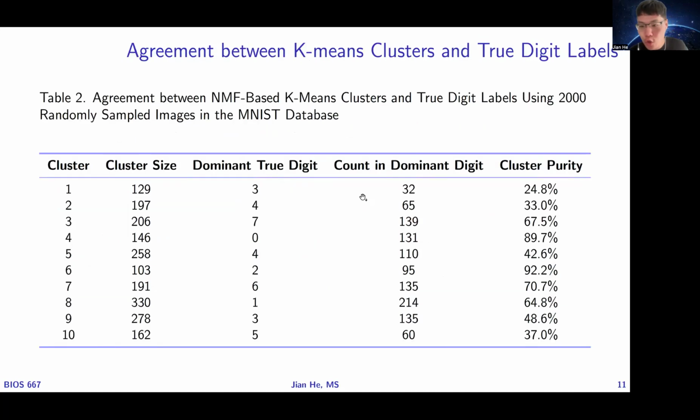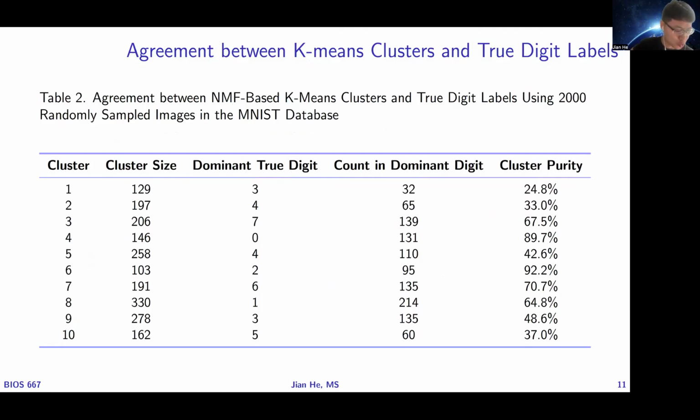And the following are the results of NMF dimension reduction and the k-means clustering. The class labels were arbitrarily assigned by the k-means clustering and did not correspond to the true digit labels.